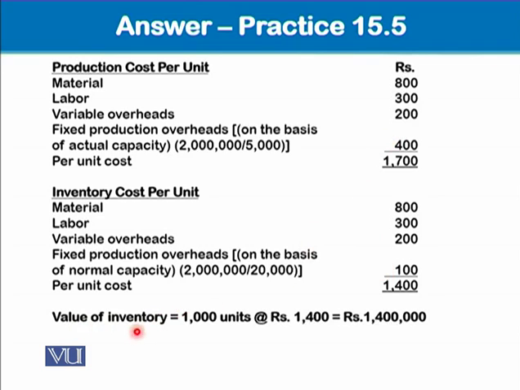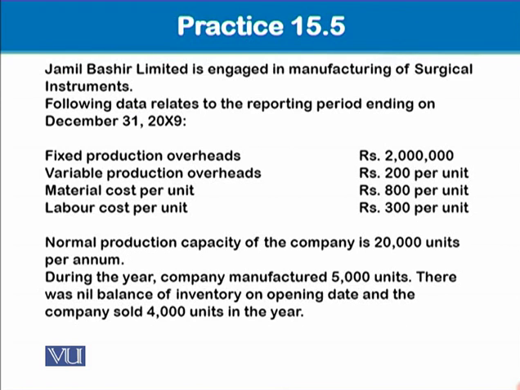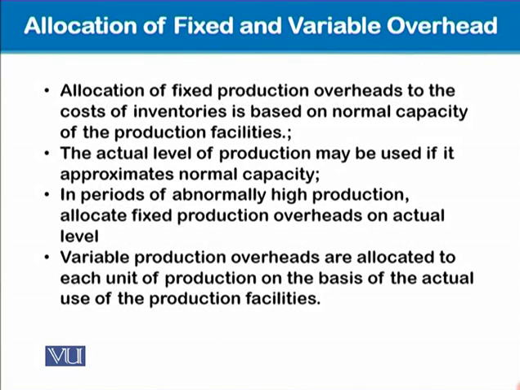So the value of inventory, for 1,000 units, is 1.4 million. How? We will multiply this 1,400 with 1,000 units. So this is the practical application of the concept that we discussed, where the allocation of fixed production overhead cost should be based on the normal capacity.